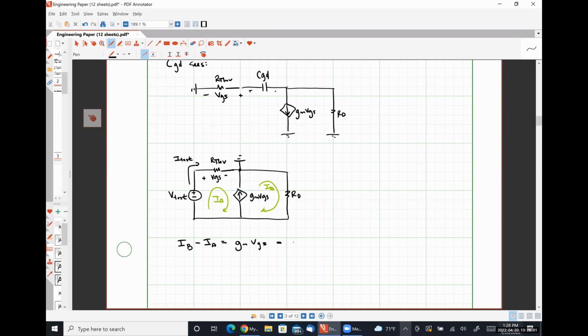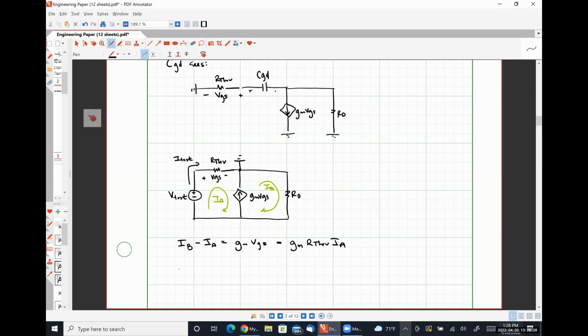So that's going to look like gm R Thev IA. And so what I'm going to do here really quickly is rearrange this expression to put IB only in terms of IA, right?